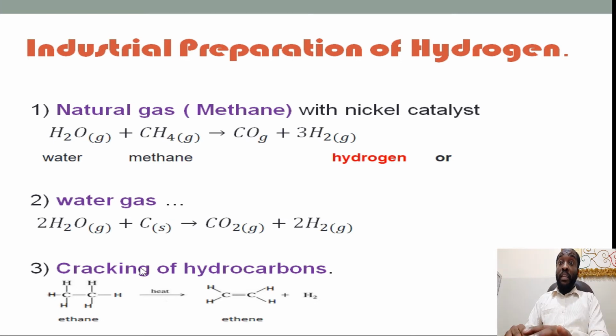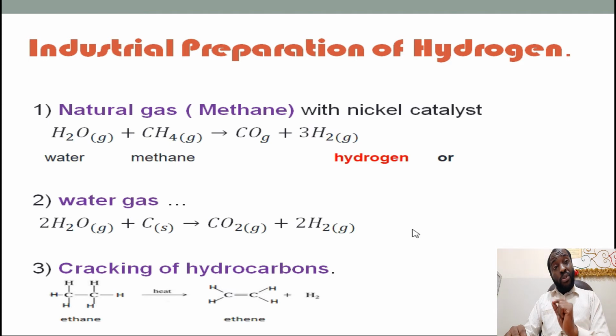And in the process of cracking hydrocarbons, where you have ethane, for example, using thermal cracking at a temperature of about 700 degrees, you are also going to obtain your hydrogen. These are some of the ways we can obtain hydrogen industrially.